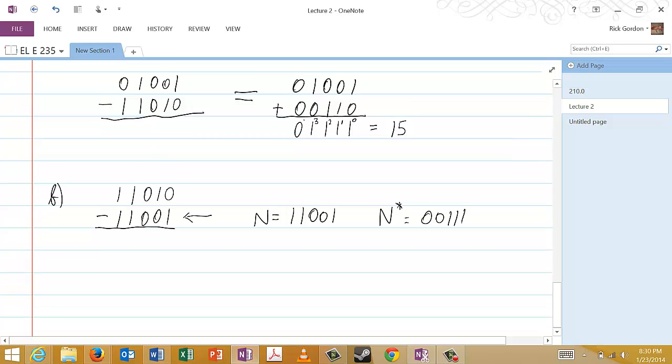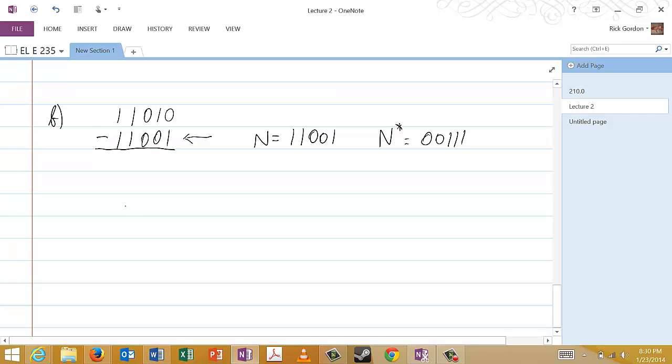And therefore, according to our reasoning, 1, 1, 0, 1, 0 minus 1, 1, 0, 0, 1 is the same thing as 1, 1, 0, 1, 0 plus 0, 0, 1, 1, 1.